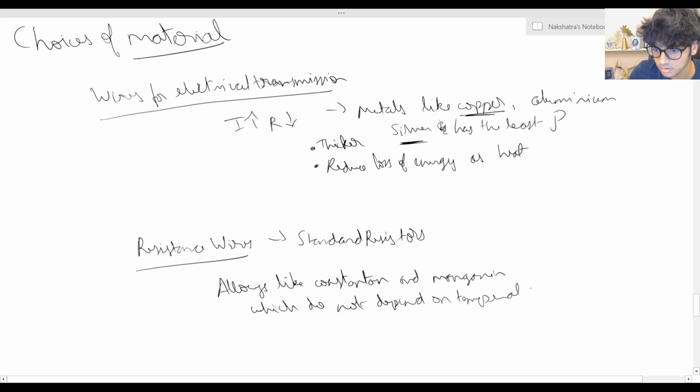Usually, while the current is flowing, the resistance produces heat, so the longer the current flows, more and more heat keeps getting produced. That's why if you want a standard resistance, you use constantan and manganin, so that even over time the resistance does not change. Even though the temperature will change, the resistance will not change.